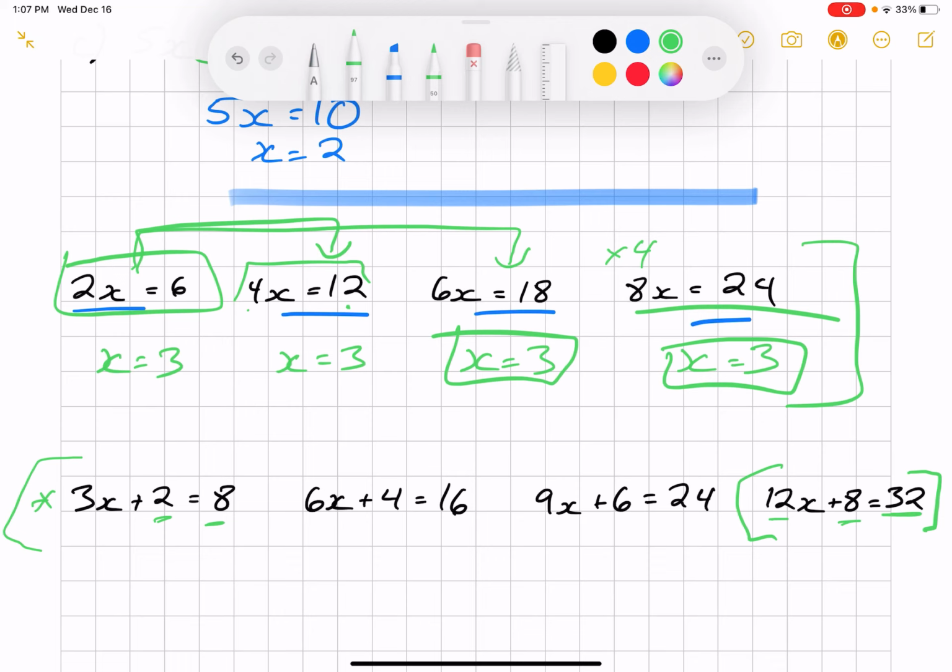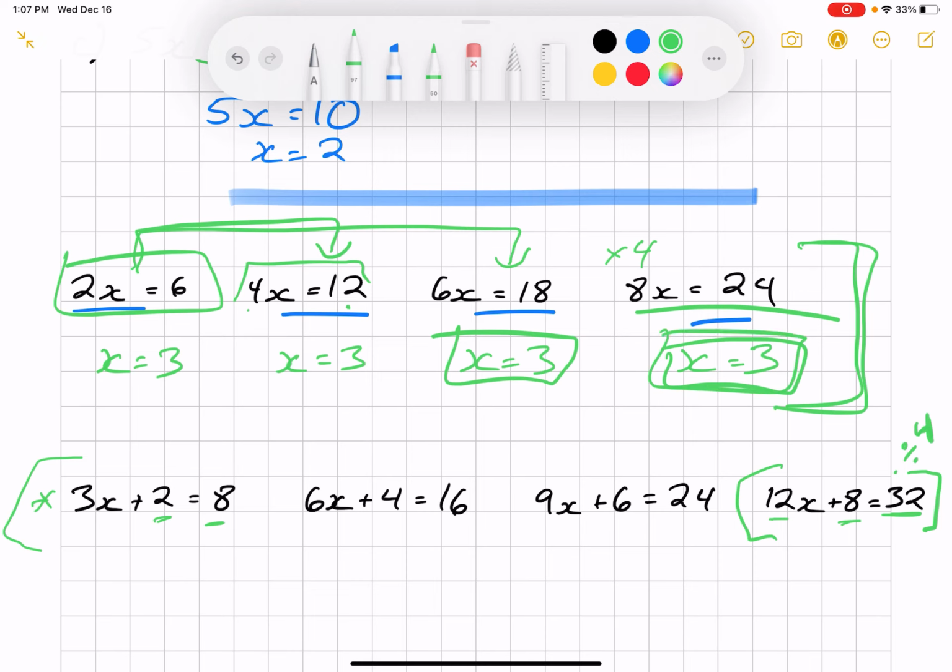I can take this entire problem and divide the whole thing by 4. And as we proved up here, it's not going to change what x is.